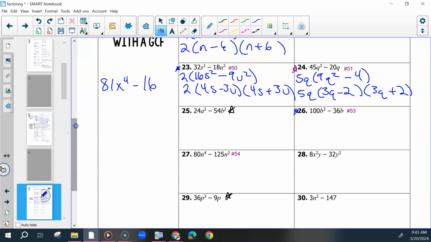This is a difference of squares problem. It doesn't have a GCF. So we could do difference of squares. What would those two factors be? We broke that down into two factors for difference of squares. What would that be?